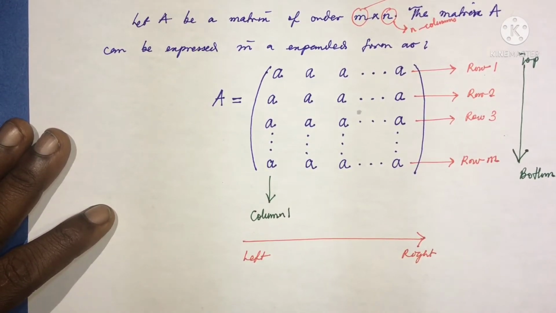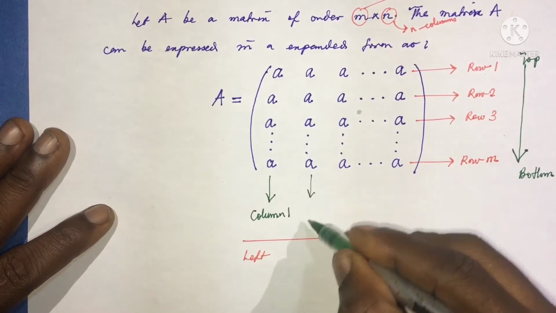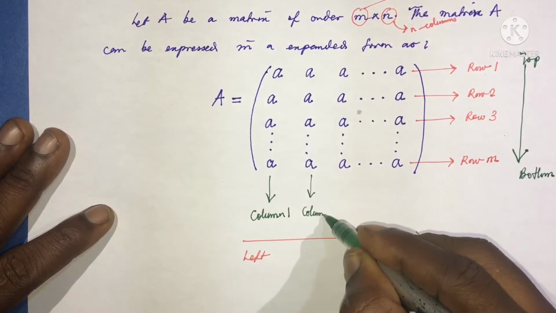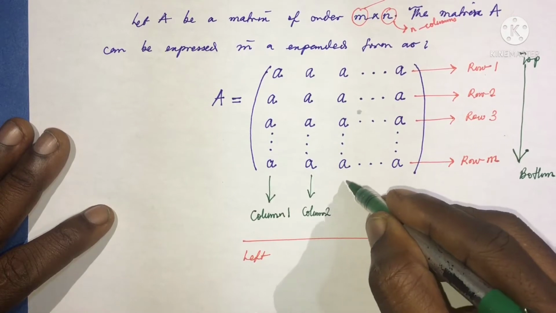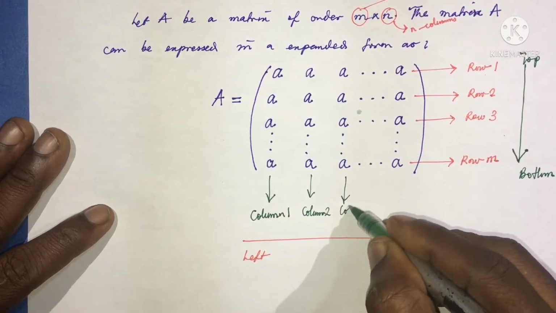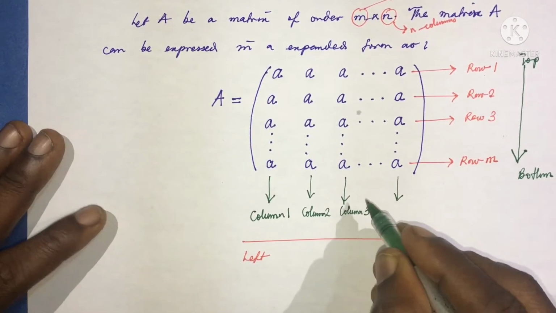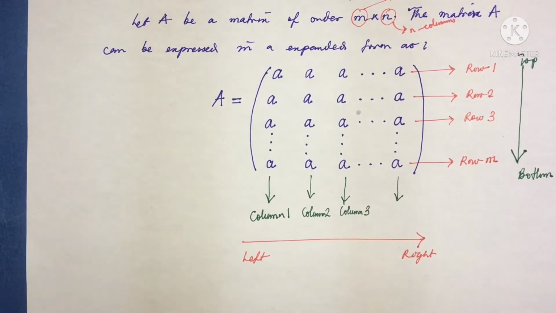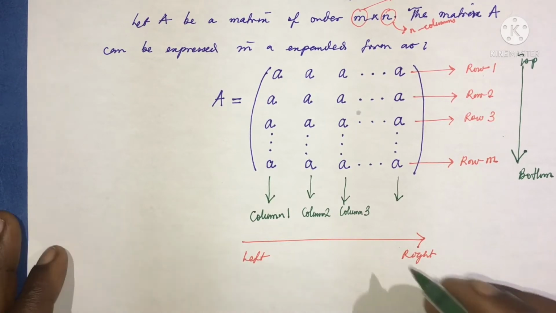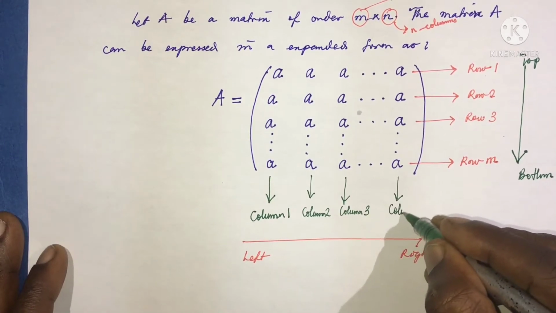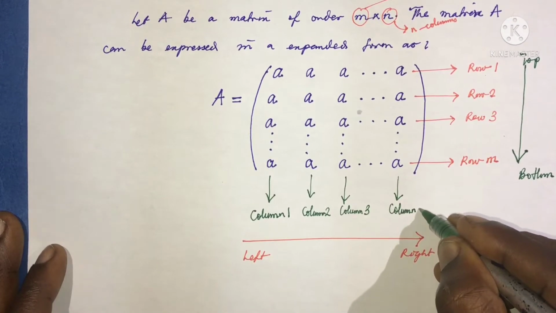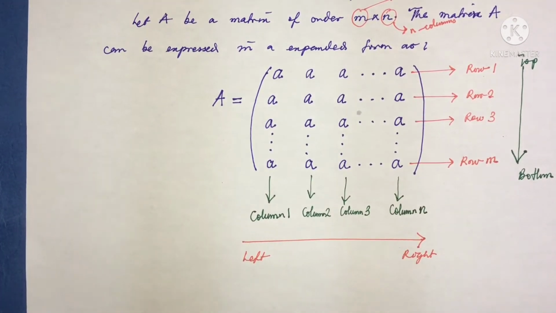So this is column 2, this will be column 3, and because we will continue counting, and we don't in this matrix know the specific number of columns, we are going to call this column n, okay? So that is column n.